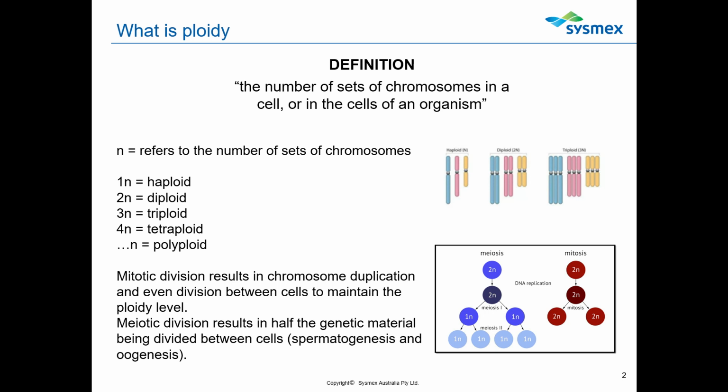Meiosis results in a meiotic division of the cells, and that meiotic division halves the genetic material, and this happens in spermatogenesis or oogenesis, where we're creating sperm or eggs for fertilization and creation of a new organism.